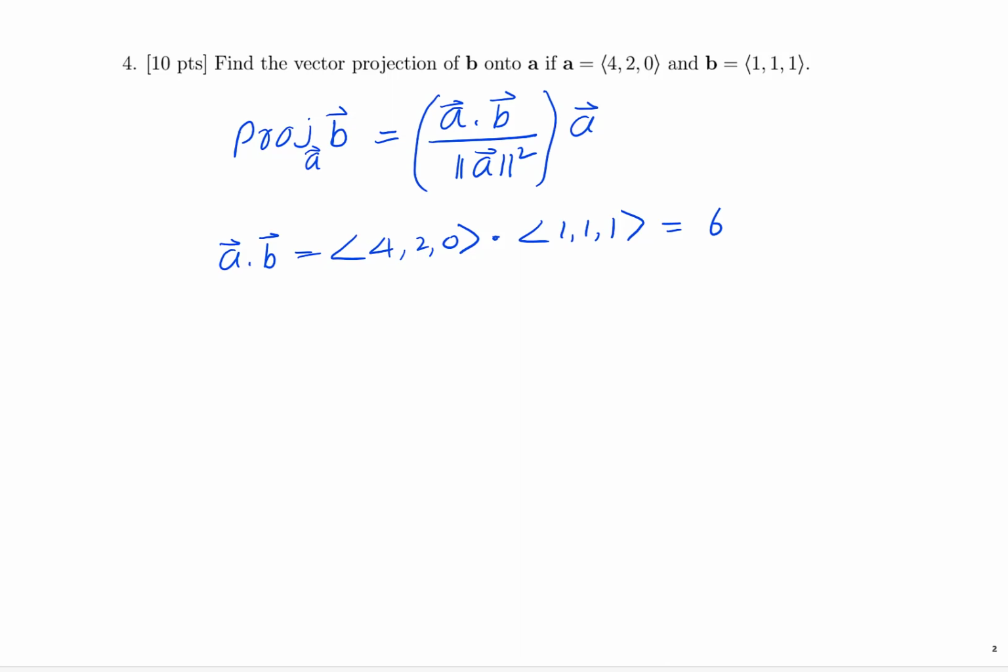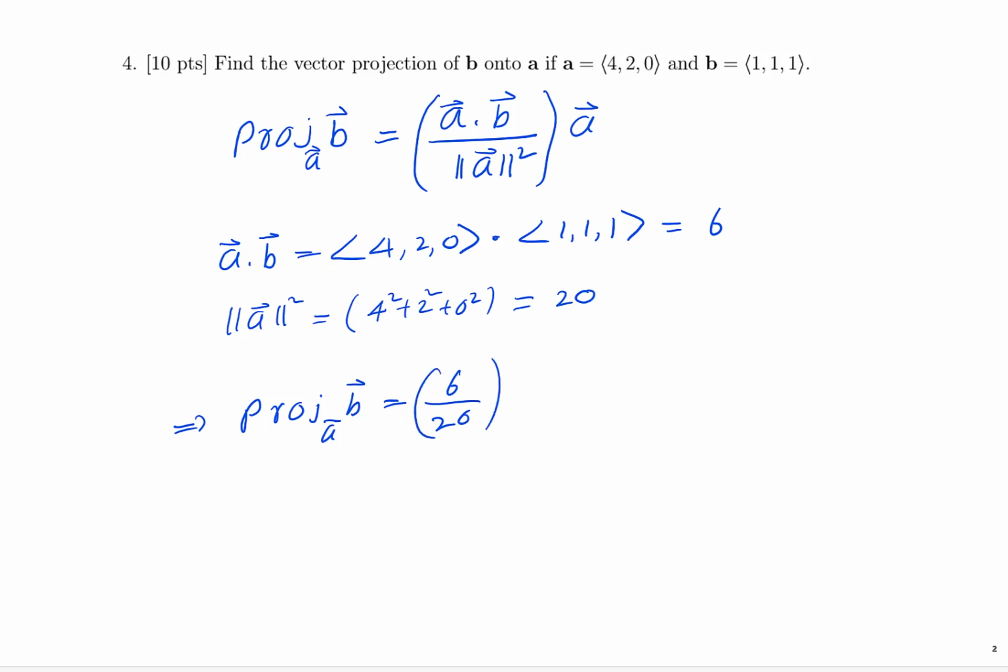Now we know A dot B and we need the magnitude of A. So the magnitude of A to the power 2. What is the magnitude of A then? 4 squared plus 2 squared plus 0 squared, square root, then it's the second power, therefore this is 20. Now we can find the projection of B onto A equals 6 over 20 times A. What is the A vector?